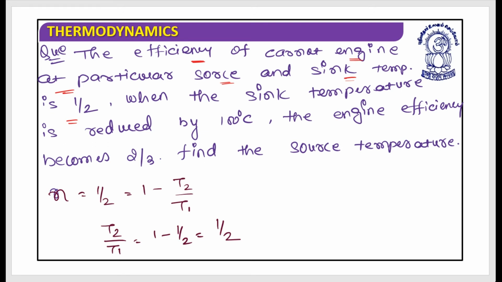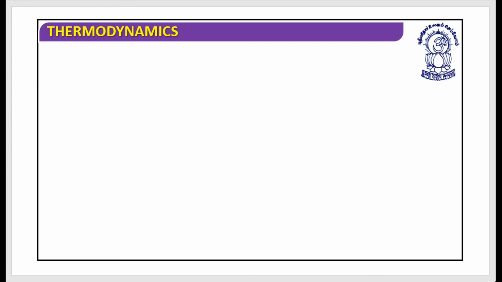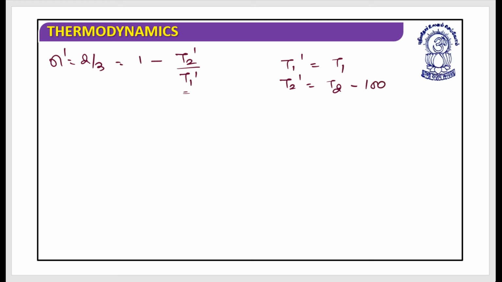Now the new situation: the new efficiency eta dash, which is equal to 2 by 3, would be equal to 1 minus T2 dash by T1 dash. As they have said that the sink temperature is reduced, there is no effect on T1. It means T1 dash is equal to T1, the initial source temperature, but T2 dash would be equal to T2 minus 100.